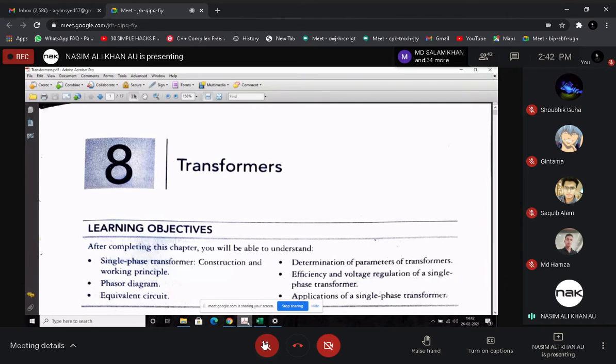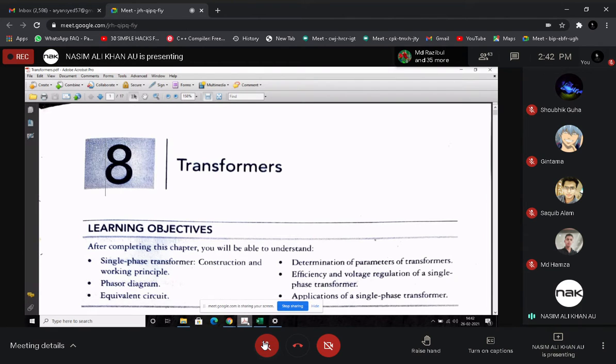Phasor diagram also, I know that you are familiar with the phasor diagram, what we did in single phase AC circuits. You can understand what is lagging, what is leading: if there is an inductor, there is a question of lagging; if there is a capacitor, there is a question of leading. In that way, in a transformer also, if we apply a load, load means different types of loads.